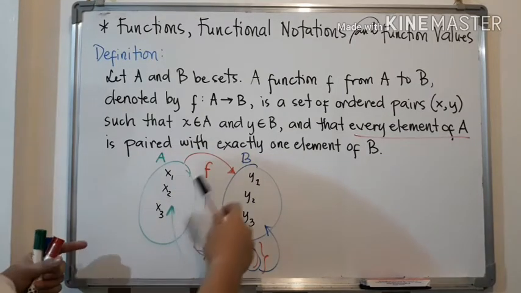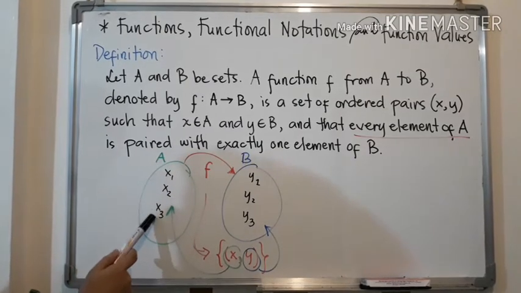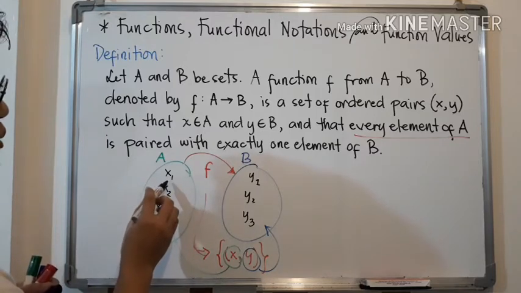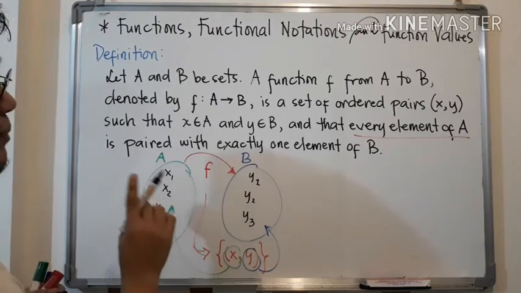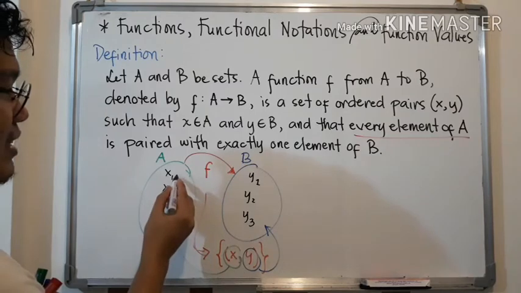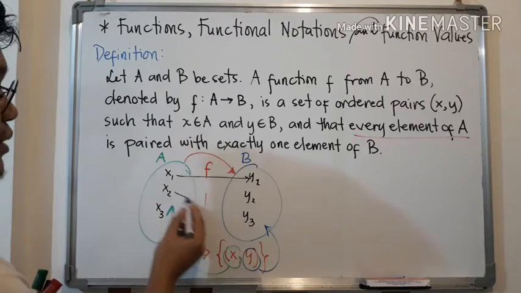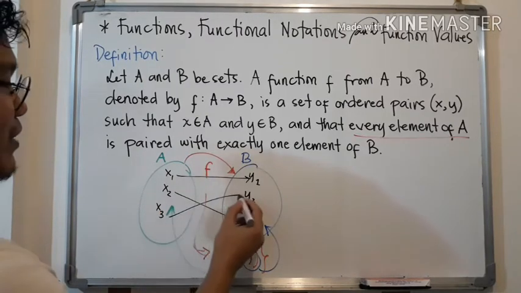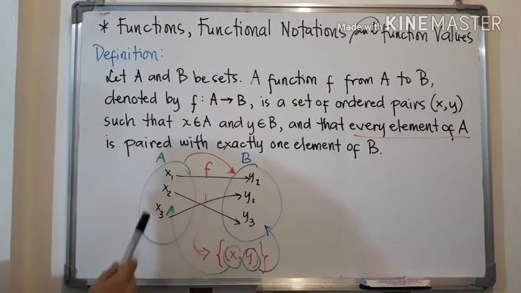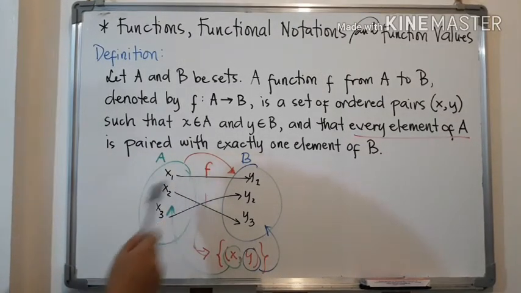Okay, so sabi dito sa definition ng function, every element of A, so x sub 1, x sub 2, x sub 3 is paired with exactly one element of B, meaning this x sub 1, which is an element of set A, must be paired with exactly one element of B. So say for example, x sub 1 is paired with y sub 1. Say x sub 2 is paired with y sub 3. And x sub 3 is paired with y sub 2. Notice that each element of set A is paired with exactly one element of B. And that what makes f a function.